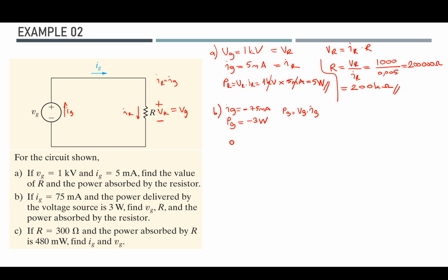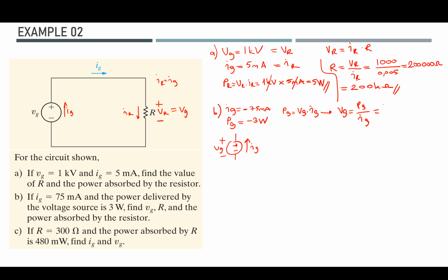Because as you can see here, I'm looking at the voltage across the terminals like this, but the current is flowing outwards to the source, which requires that IG should have a negative value, and I have to write it. So the overall PG is also negative. Then from here I can calculate the VG as the PG over IG.